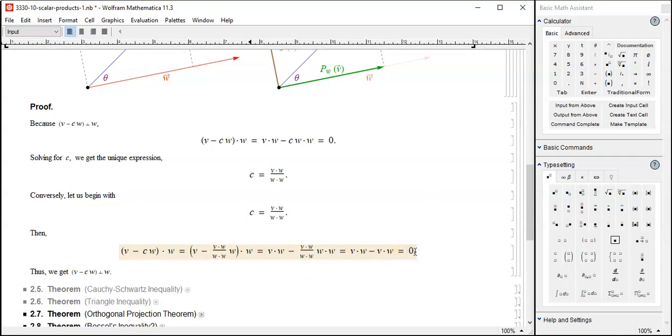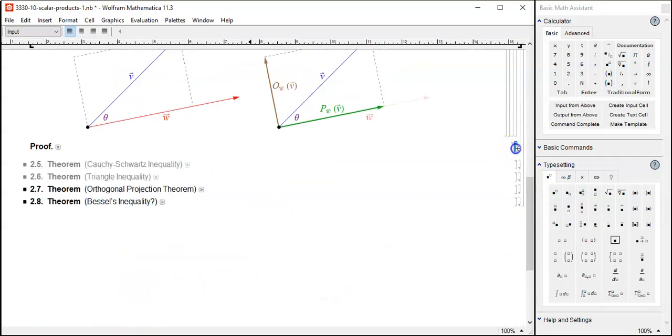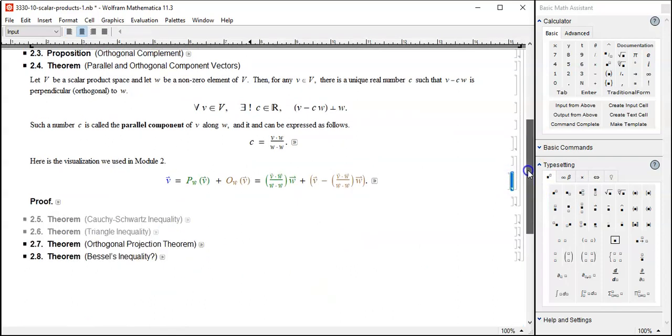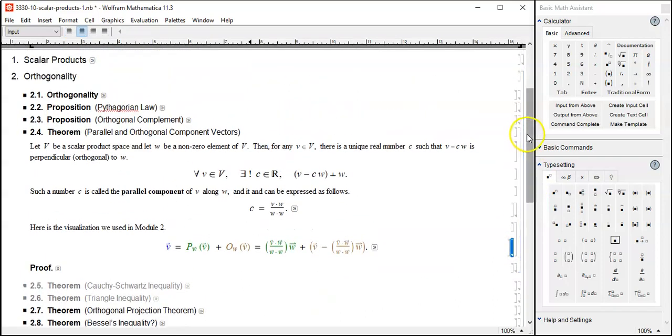And what do you get? V dot W minus V dot W, that's 0. So we have orthogonality as desired, and that's it. Either way, it works out. But this is quite possibly one of the least important proofs, so I don't worry too much about it.